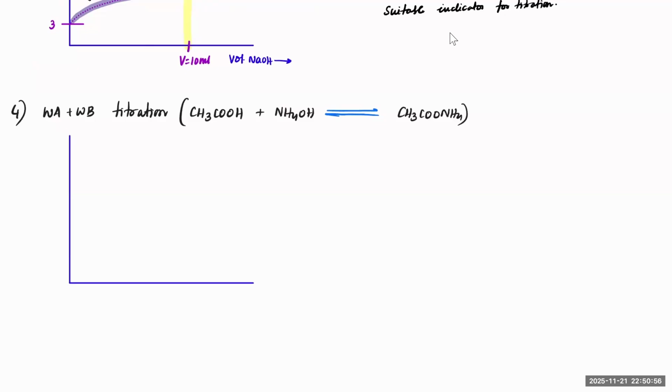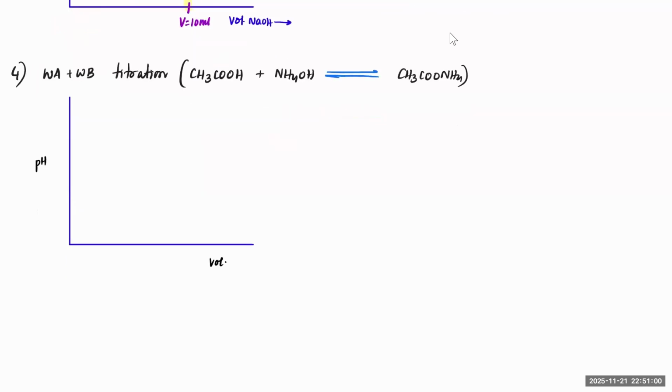If you take this as the pH change versus volume of NH4OH added, most of the time it will remain like a buffer only. So there is no drastic change here. It will move very gradually like this.